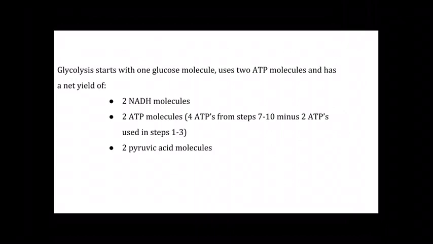We have 4 ATPs from steps 7 through 10, but then we have to subtract those initial ATPs that we used to get the whole ball rolling. So we have a net yield of 2 ATP molecules, and at the end we're left with 2 pyruvic acid molecules. So that's our summary of glycolysis.